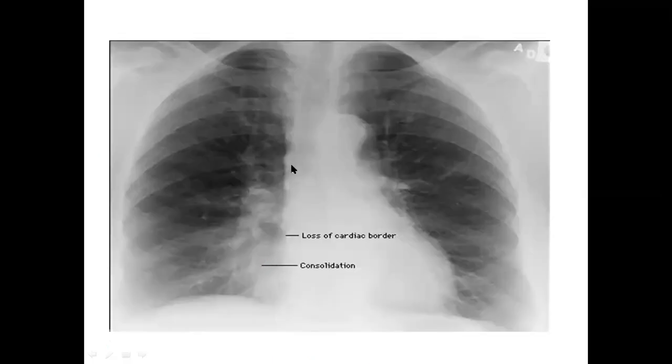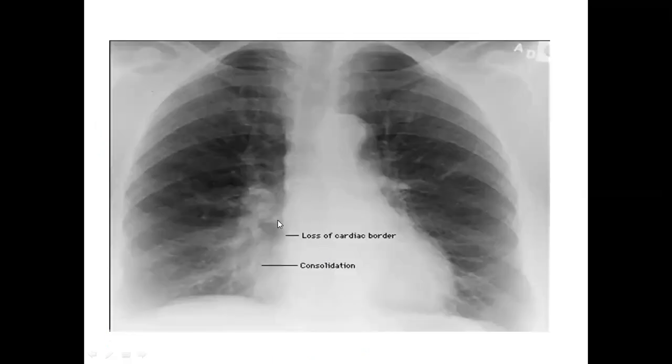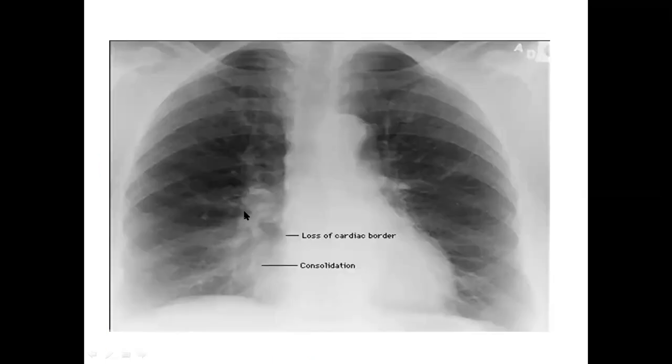Here in this X-ray you are finding loss of cardiac border. The normal cardiac border appears like this, very sharp, whereas here the cardiac border is lost. In a normal lung the bronchial tree absorbs a medium amount of X-ray, whereas here you are finding a lot of X-ray absorption.